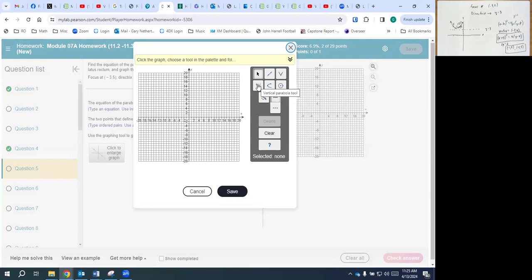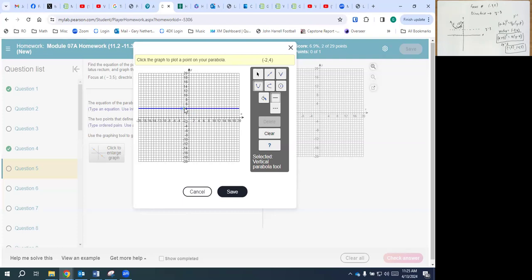So I have to choose the up parabola tool here. And my vertex is -3, 4. So I'll go and do it here, but I'll go up to the top and then make sure I'm at -3, 4, which I am. And then one of my latus rectum points is -1, 5.